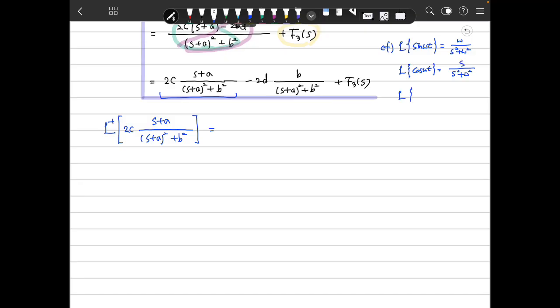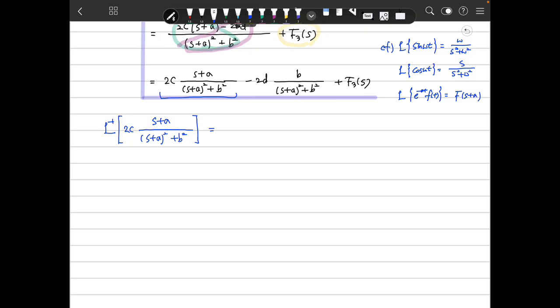And Laplace of exponential... We will do the three terms.